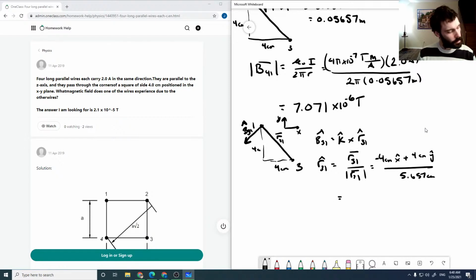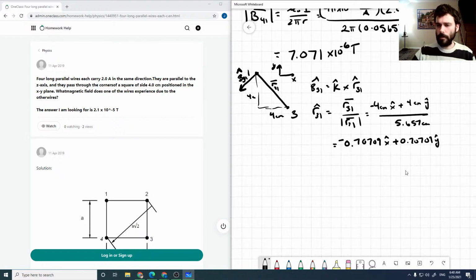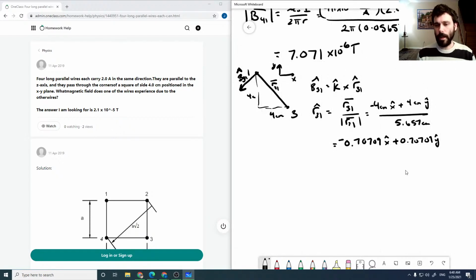This comes out to be minus 0.70709 x hat plus 0.70709 y hat. And so we can easily get our B31 hat now as k hat cross with this expression.